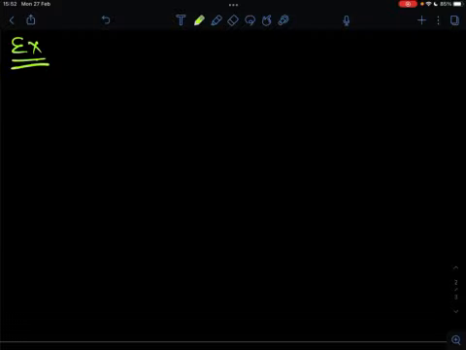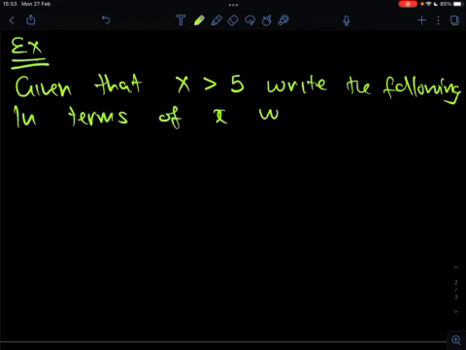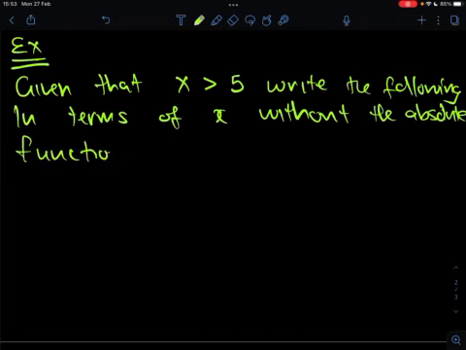Example: given that x is a number which is greater than 5, write the following in terms of x without the absolute function.